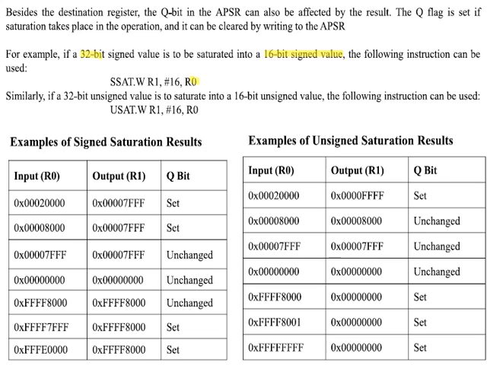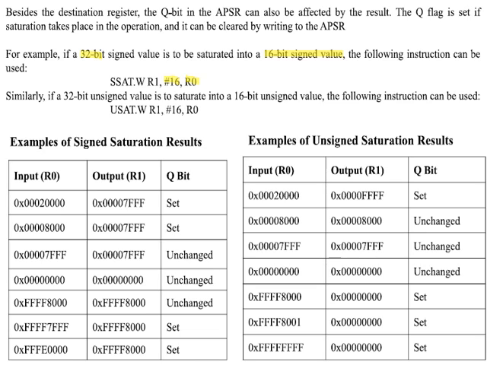So R0 should be saturated to how many bits? 16 bits. R0 currently has a 32 bit value, which should be limited to how many bits? 16 bits.